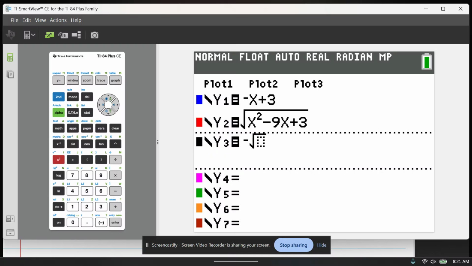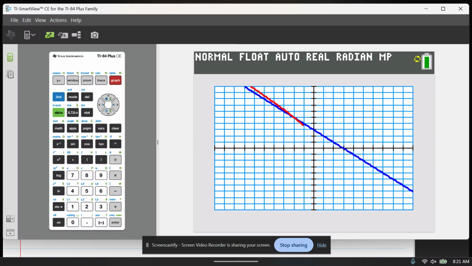So a negative, then the square root of x squared minus 9x plus 3. So color version helps with this because we can see, okay, the red one's going to be y2, the black one is y3. That's going to help us when we look at where they're crossing, because I don't know which one it crosses on. There's my line. That black one and red one together is the graph. They're crossing on the one up here. That's the positive side of that.